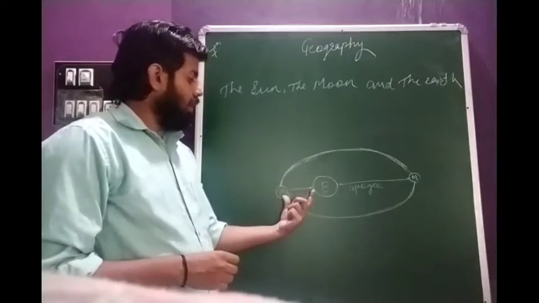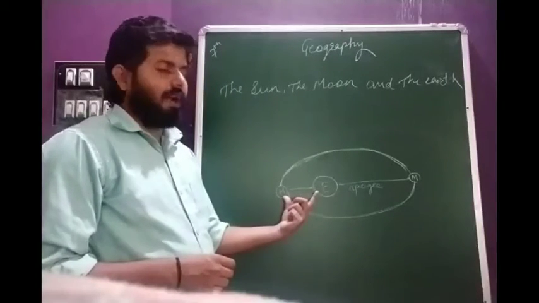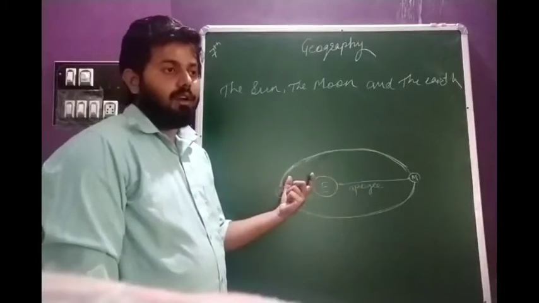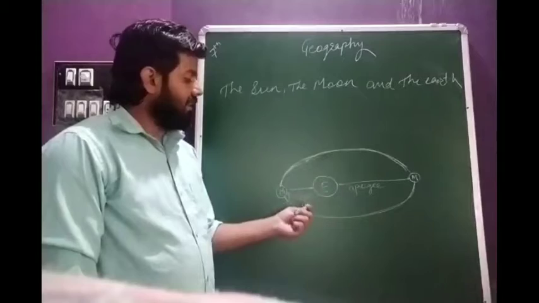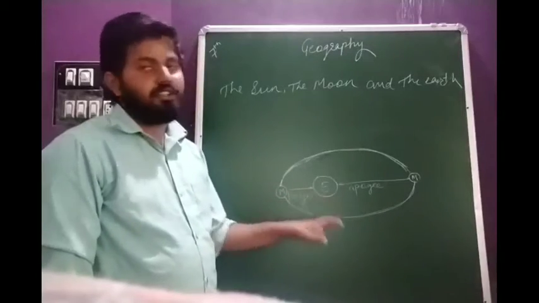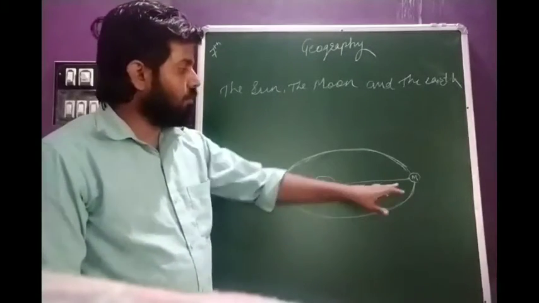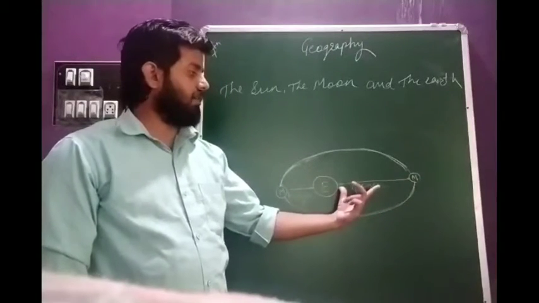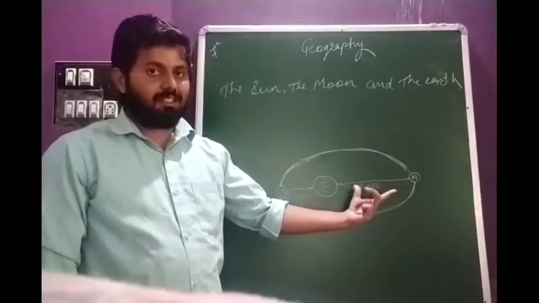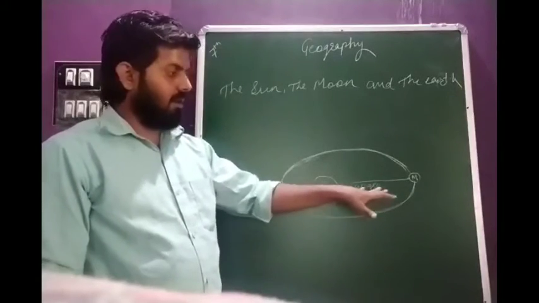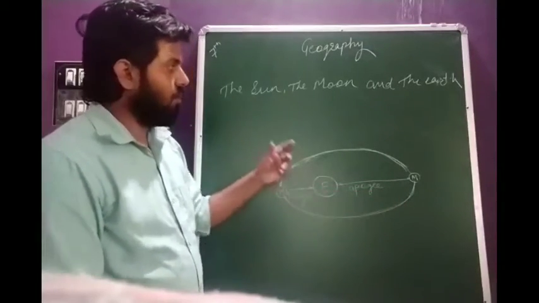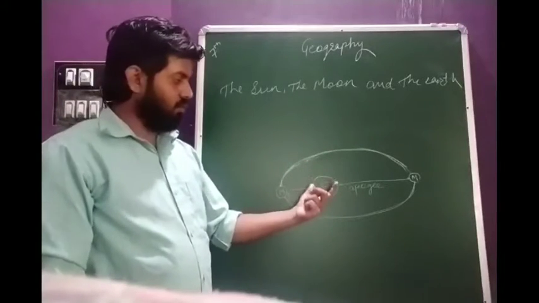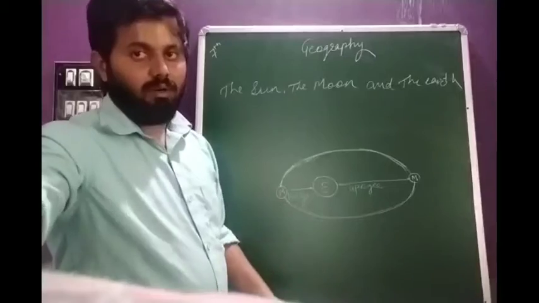The position where the distance between the Moon and the Earth is the closest, the minimum, is known as perigee. And when the Moon is very far from the Earth, the distance is the largest, that is known as apogee. So that is about the revolution of the Moon around the Earth.